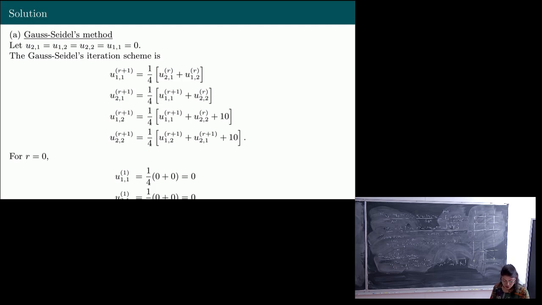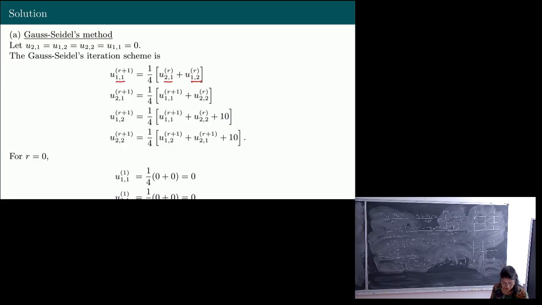But I am writing here the Seidel method and I am applying the iteration. So first thing is I have to check u11 and here it is 21 and 12. So both 21 and 12 are the points that are unknown to me yet.